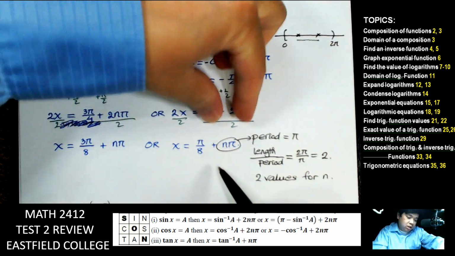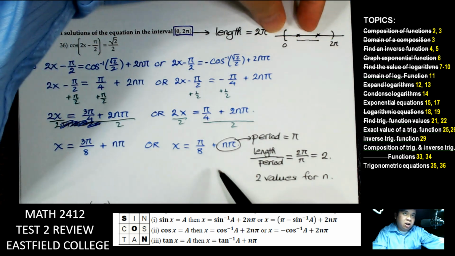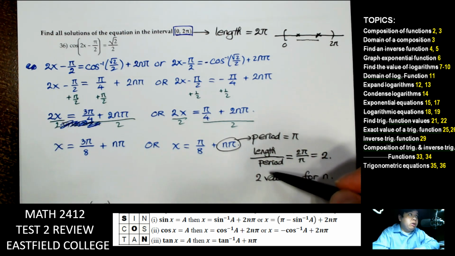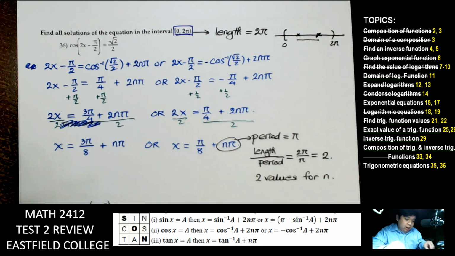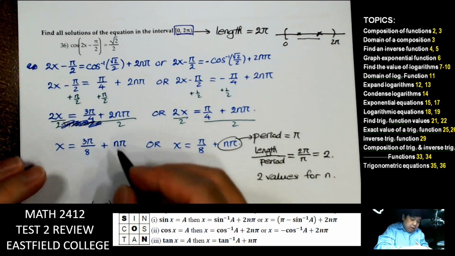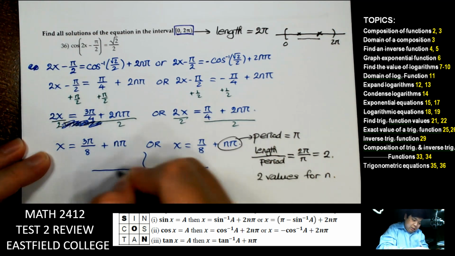If the distance for the solution is just pi, it doesn't matter what point you choose inside, there will always be another point in it. So that's why we have 2 values for n. The length divided by the period gives us the number of values for n. So in that case we have to choose. Right, now we choose. We have 2 solutions here.